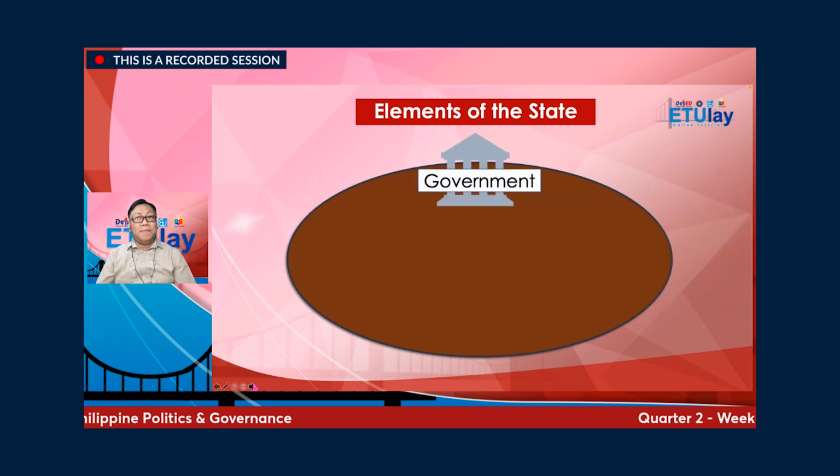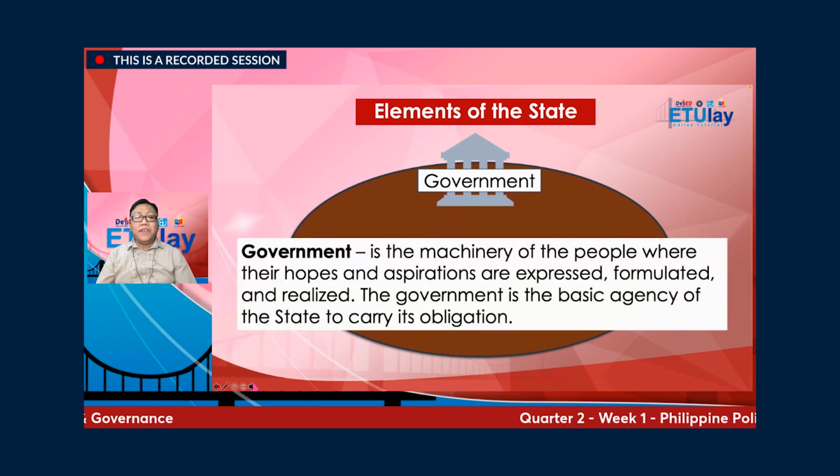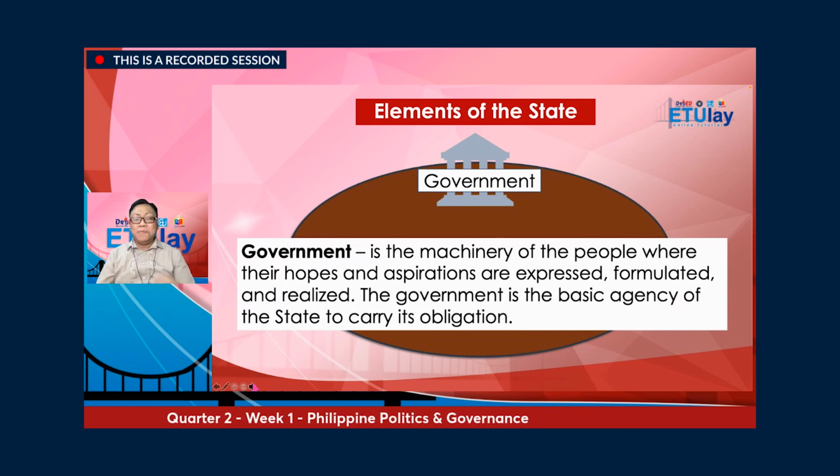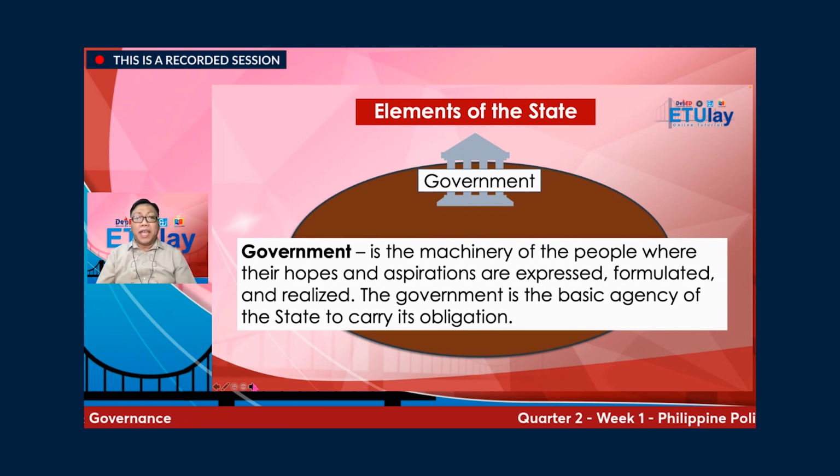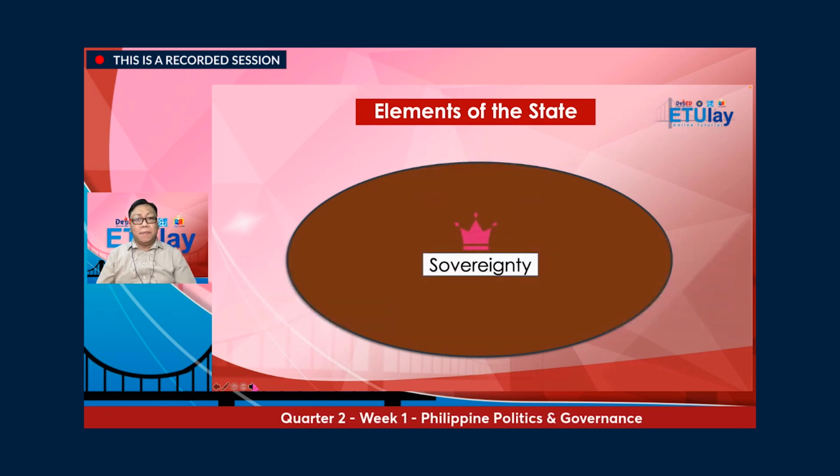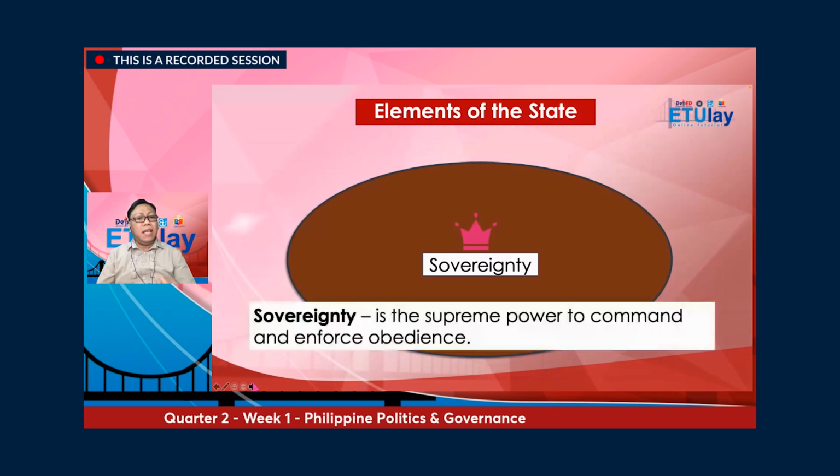Government is another element of the state. A government is the machinery of the people where their hopes and aspirations are expressed, formulated, and realized. The government is the basic agency of the state to carry its obligation. Next element is sovereignty.